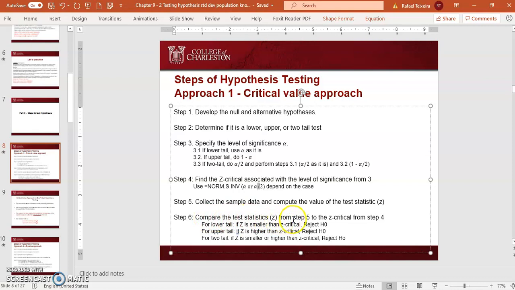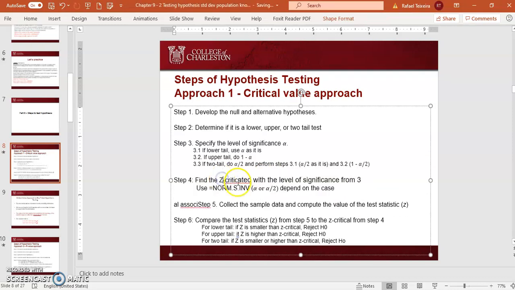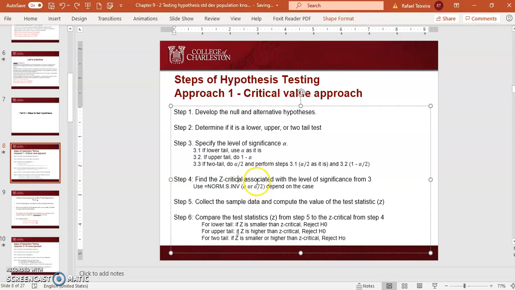Compare the test statistic. So we're comparing if the resulting z from the sample data is higher or smaller than the z critical. That's the reason it's called critical, because it's going to be critical to compare with our z found from our sample.